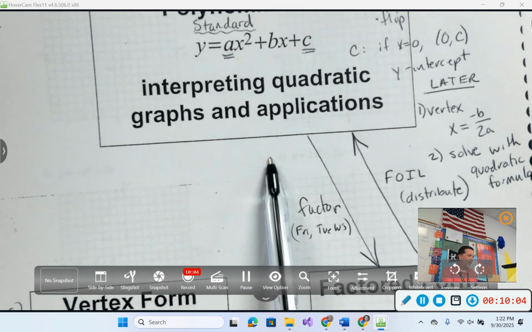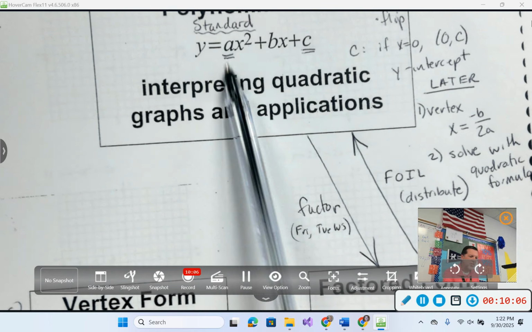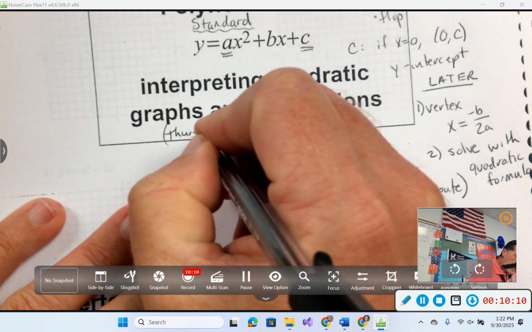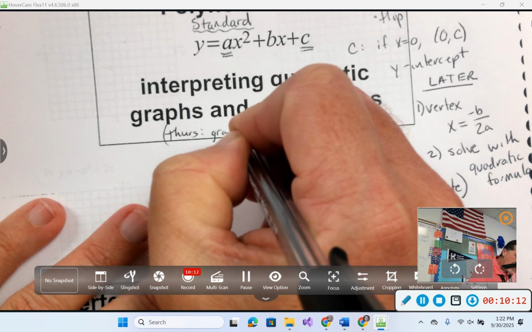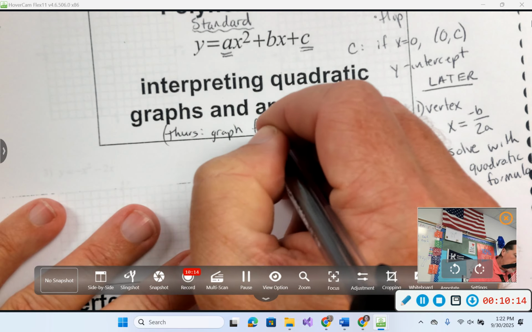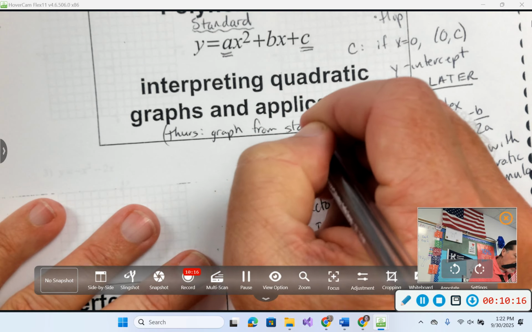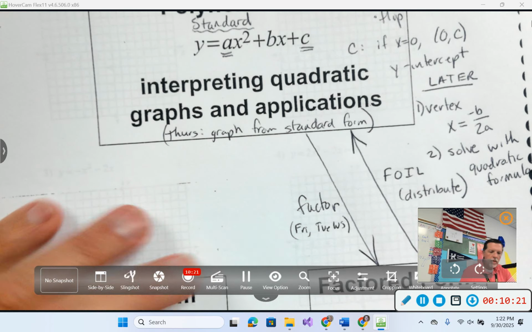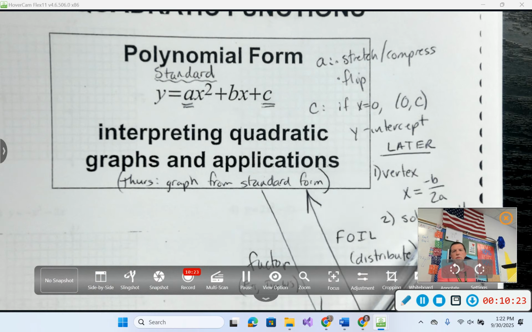Okay, so that's about it for standard form. By the way, on Thursday we'll graph from standard form. So we'll use that vertex formula, we'll use some of our stretch and compress stuff, but that's another thing that's not there yet.